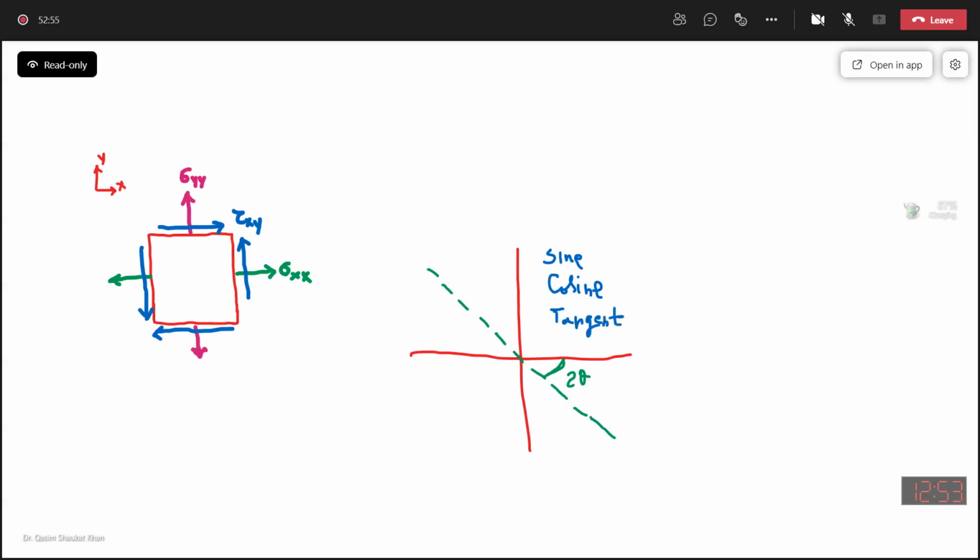In quadrant 2, only sine will be positive. In this quadrant, tan will be positive. And in this one, only cos will be positive.